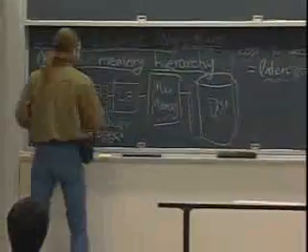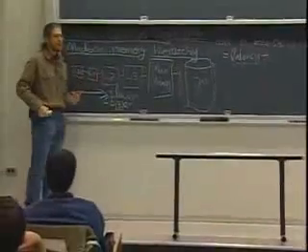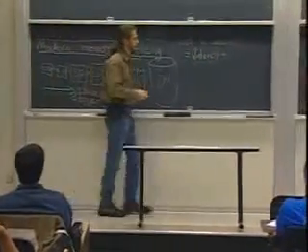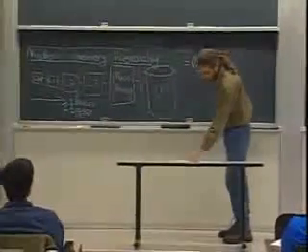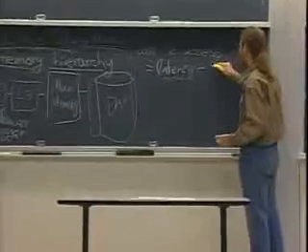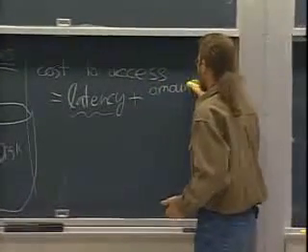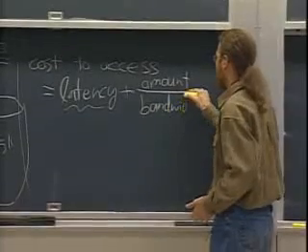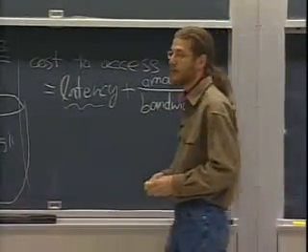Plus the round trip time, you also have to get the data out. And depending on how much data you want, it could take longer. So this would be the amount of data divided by the bandwidth. The bandwidth is the rate at which you can get the data out.